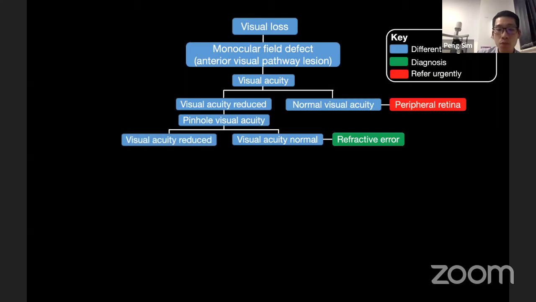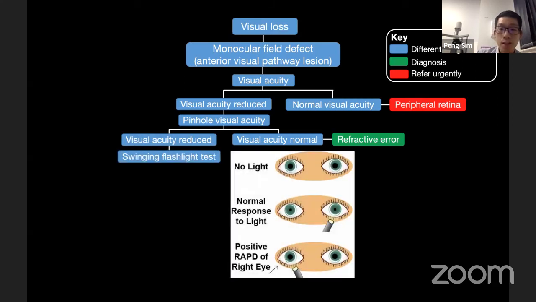If it doesn't improve and stays reduced, then the next thing to do is test for an RPD, because by knowing that there's an RPD present, you can localize exactly where the problem is. As we've mentioned before, there are only two things that can cause an RPD: the optic nerve or the retina.